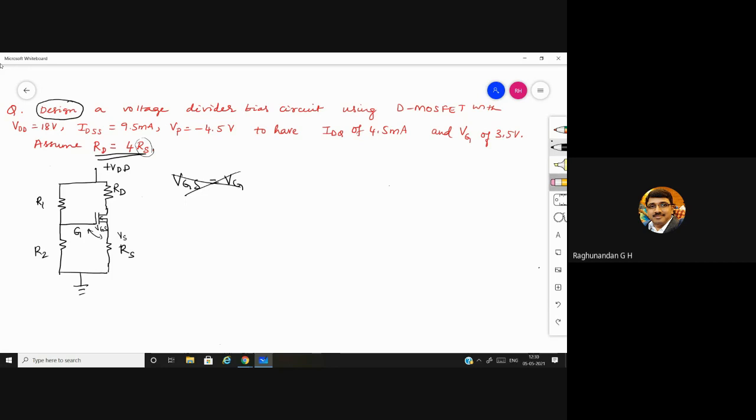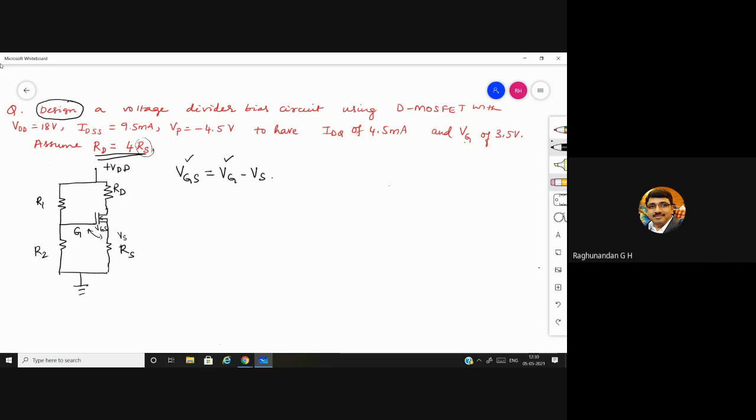So in this case, VGS is equal to VG minus VS. From the question, we have VG. If we can find out this VGS somehow, we can find VS. When VS is found, then we can find out the other values.